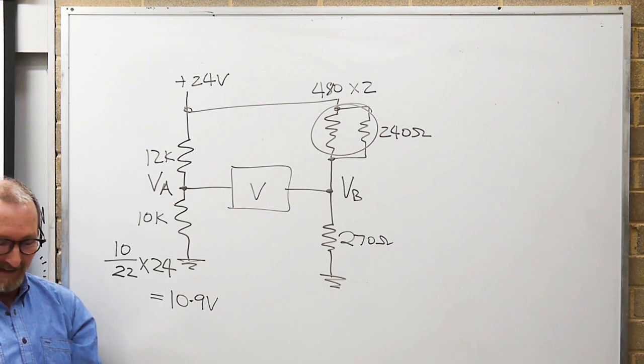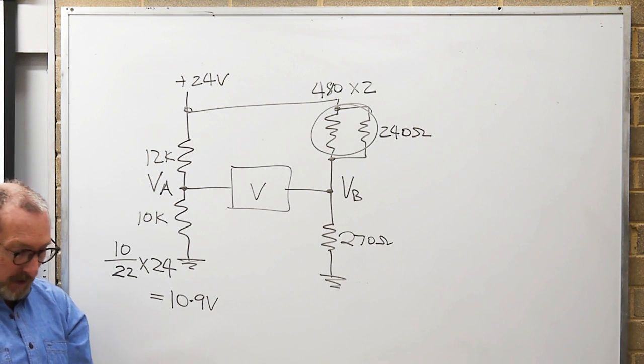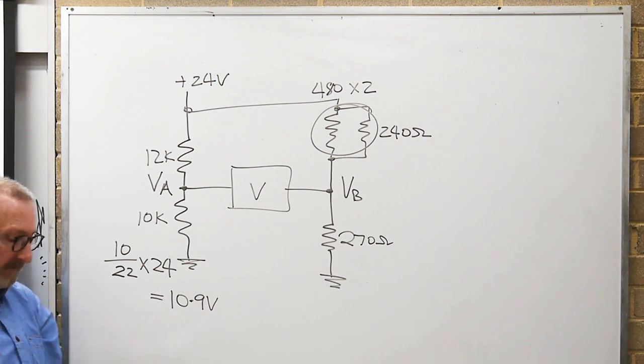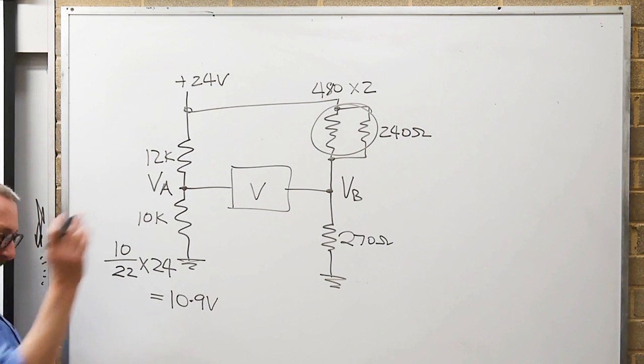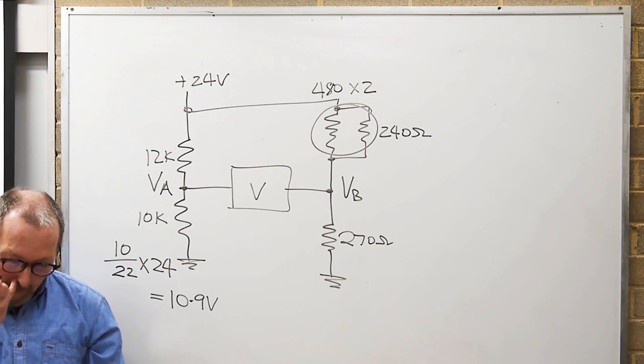Anthony? Good? You're just going to run with it. Voltage B. Did somebody work out voltage B? Yeah, 10.909, 10.9, James, for the rest of us.